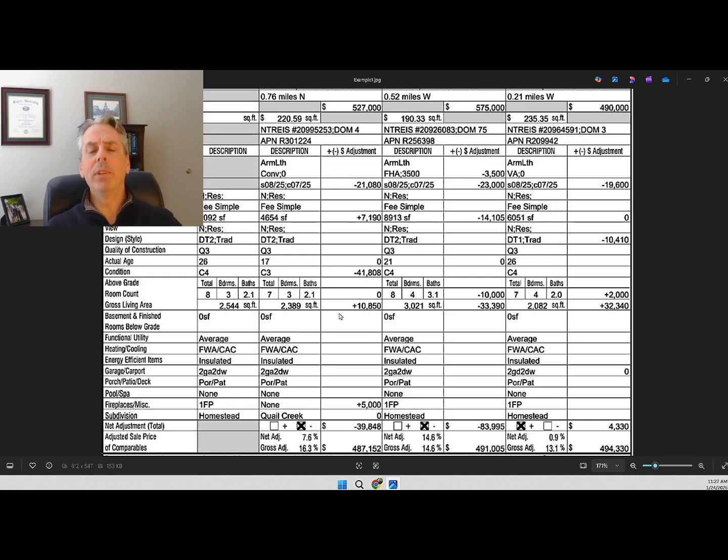So maybe it would be very few buyers and sellers who would combine in a way that didn't care what site size was. It's not going to affect the price at all. And maybe there'd be on the other end of the spectrum, very few buyers and sellers who would interact together and say that was the most important element and that was the biggest driver of price.